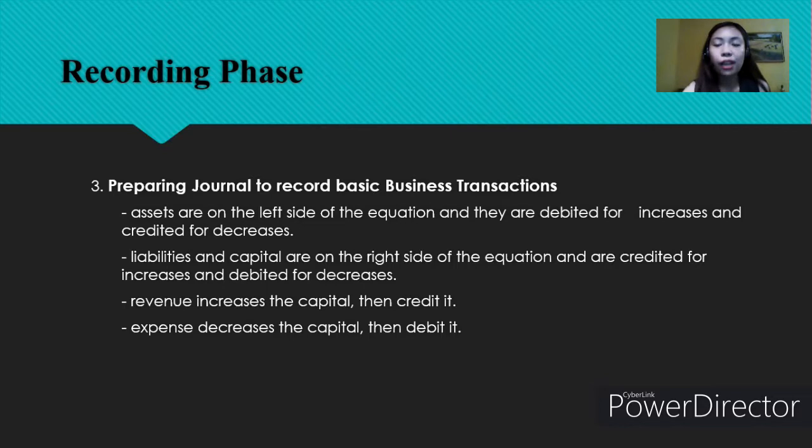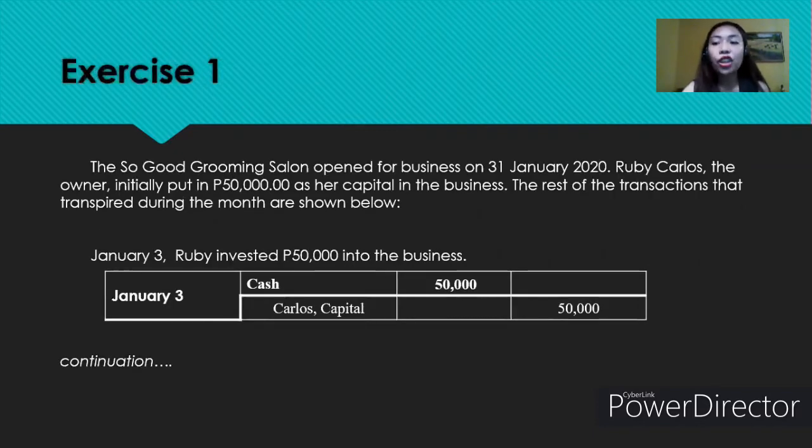Revenue and expense both affect the capital account, wherein revenue increases the capital account, therefore it is credited. On the other hand, expense decreases the capital account, hence it is debited. So, another approach in analyzing transactions is obtaining the value received, which we consider as debit, and value parted with, which we consider as credit. This is shown in the example below.